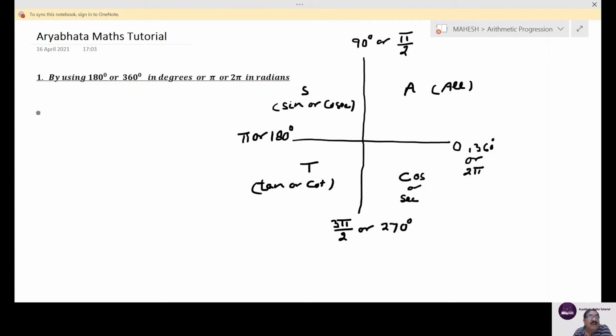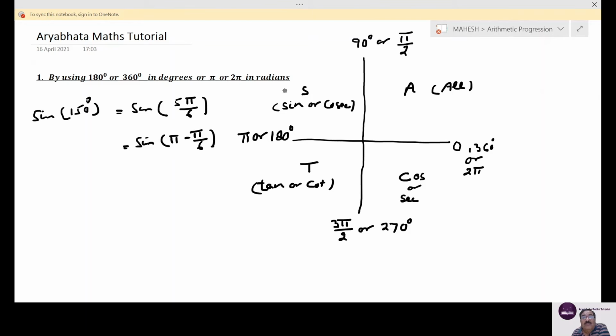Suppose we have to find sine 150 degree. This can be represented as sine 5 pi by 6. We are using only pi and 2 pi, therefore this can be represented as sine of pi minus pi by 6.